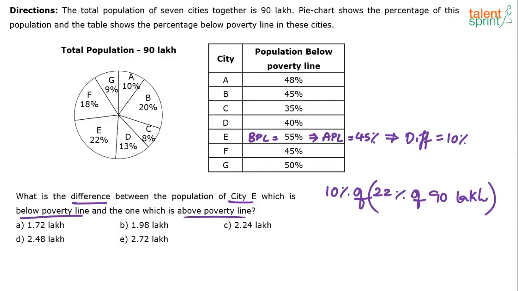Sorry about that. 22% can be taken as 20% plus 2%. If 20% is 18 lakhs, 2% is 1.8 lakhs. So 18 lakhs plus 1.8 lakhs, 19.8 lakhs. 22% of 90 lakhs is 19.8 lakhs. 10% of 19.8 lakhs, 1.98 lakhs. So 1.98, option B is the answer.